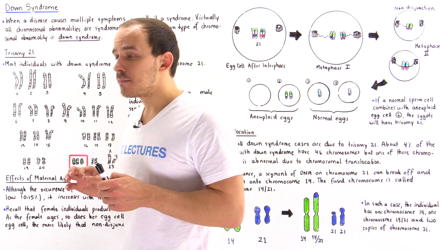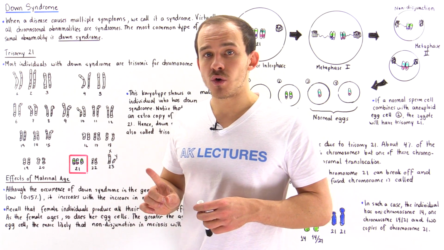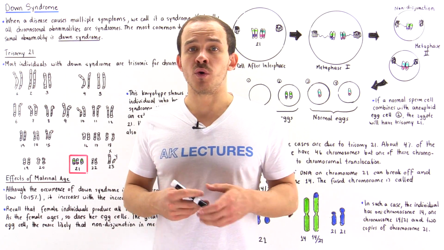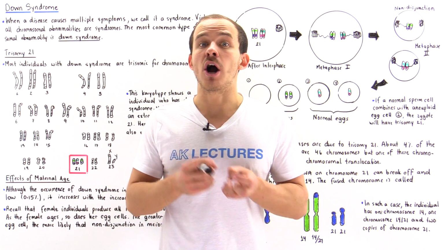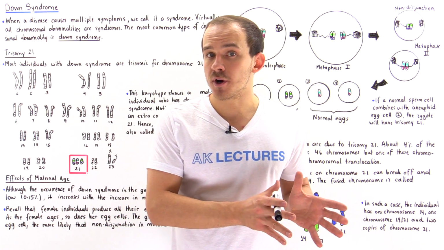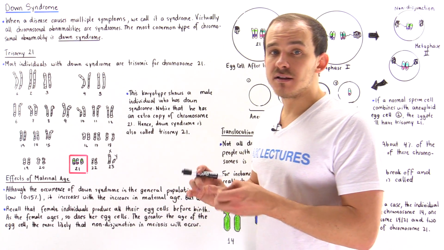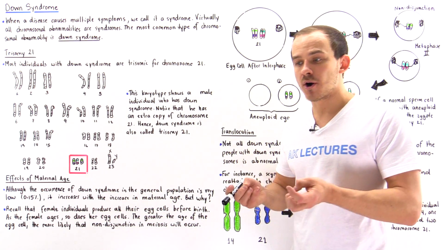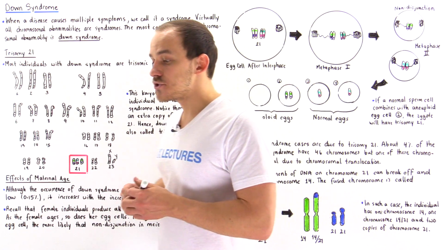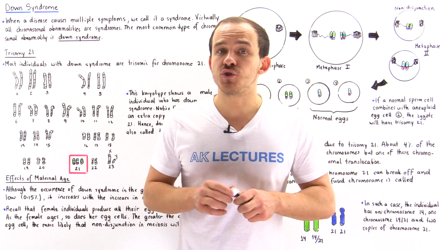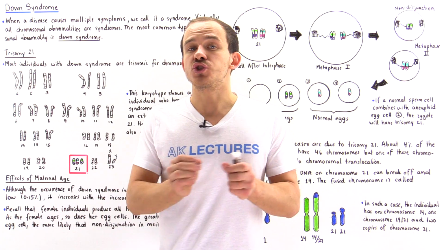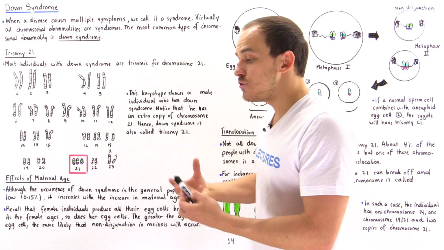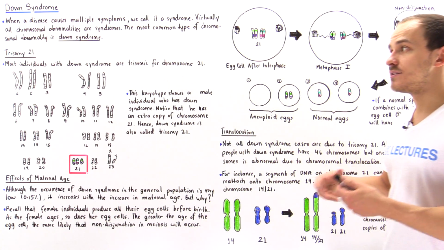So remember, in female individuals, all the egg cells that the female individual will ever have in her lifetime are formed before birth. And what that means is, as the female individual ages, so do her egg cells.